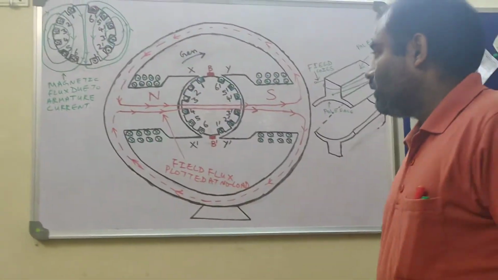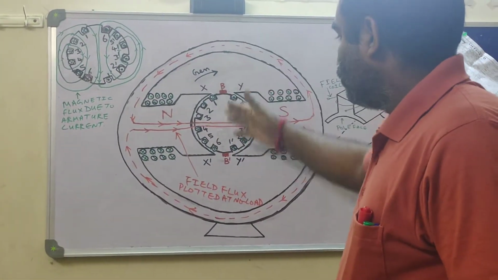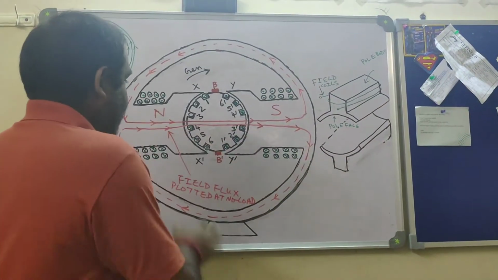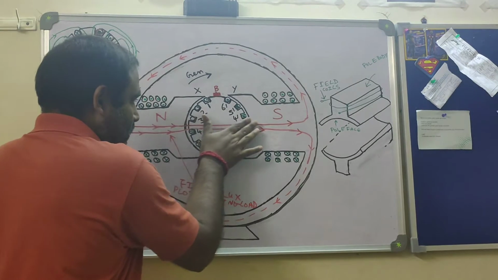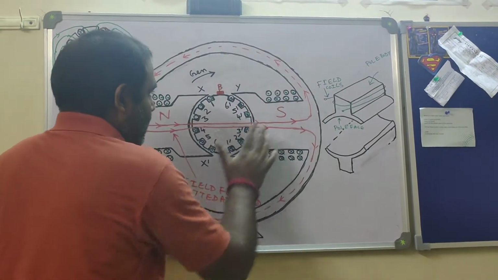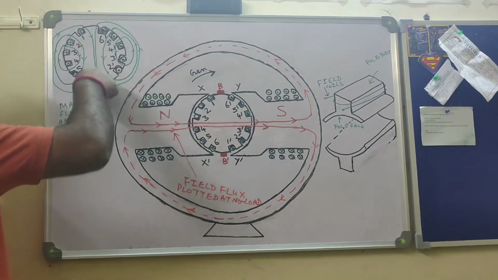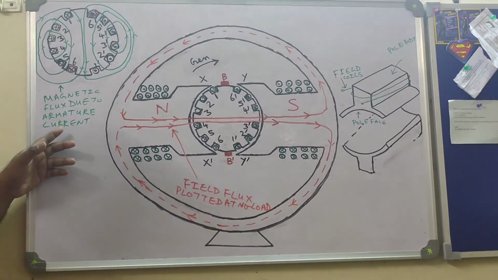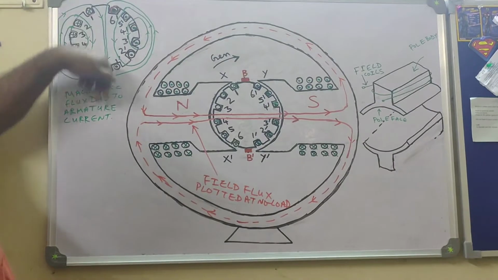For example, for this 2-pole DC machine, this is a cross sectional view. You will agree that this axis is the field axis, and this axis is the armature axis, because the magnetic lines of flux due to armature current are directed along this direction.